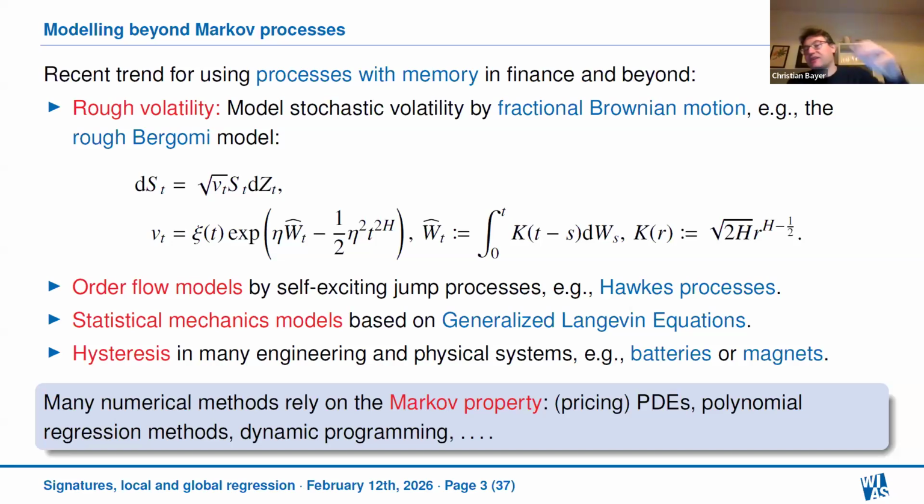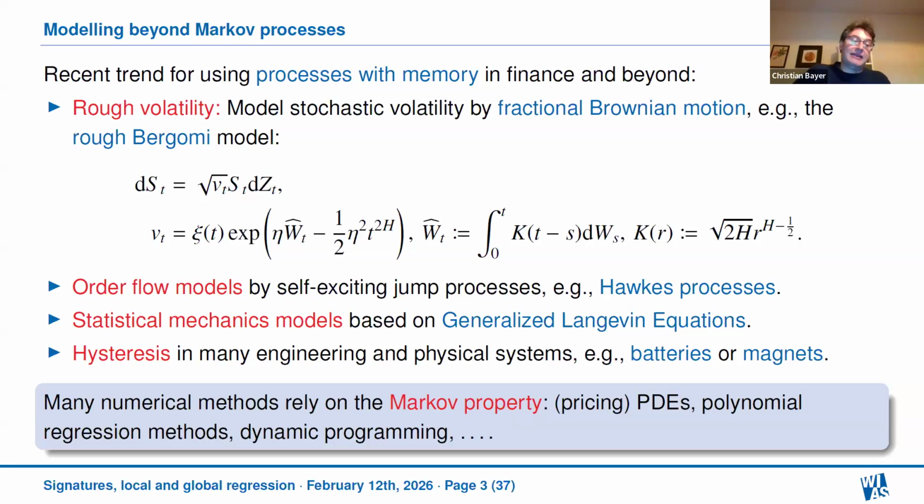In the worst case, if you think about the dynamics of this fractional Brownian motion above, if I extend the state to contain the whole history of the process, then I'm a Markov process, because then the information about the past is contained in the present.